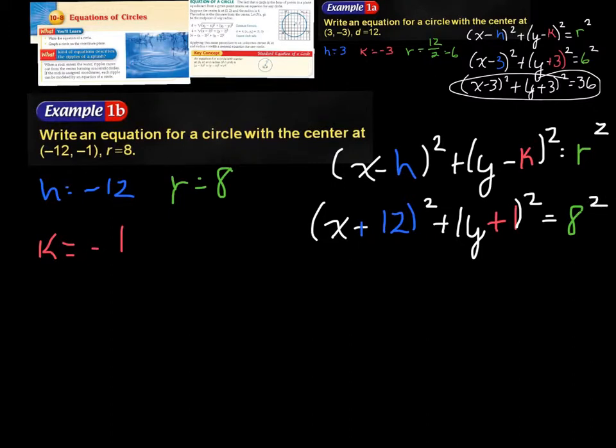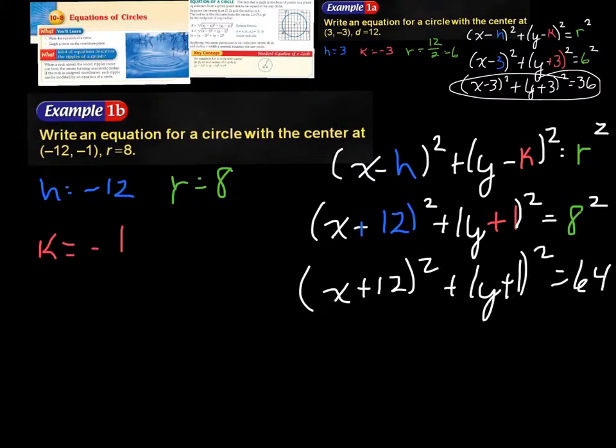So all I do for simplifying this is square the 8. So our final answer is (x plus 12) squared plus (y plus 1) squared equals 64.